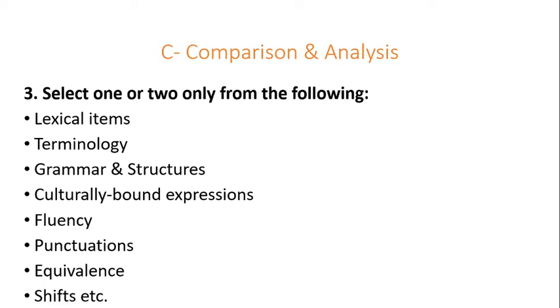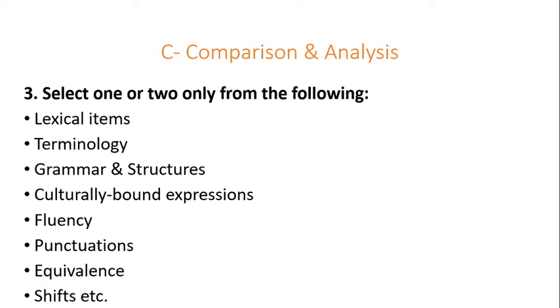Fluency is another area of comparison and analysis. Punctuation is also a very important area of comparison and analysis. Here I have mentioned 2 theories as well, on the assumption that you have gone through these theories or you know them. If you have studied these 2 theories in the area of translation studies, they are equivalence and shifts.